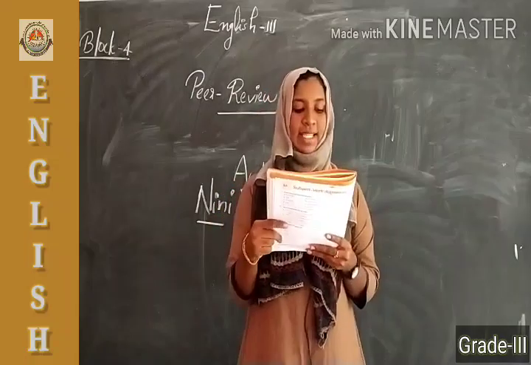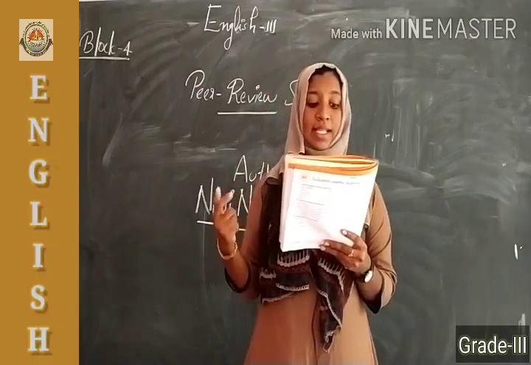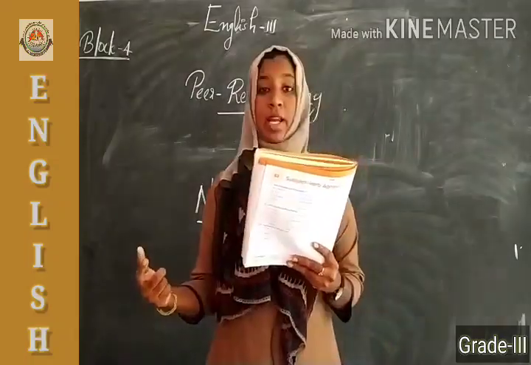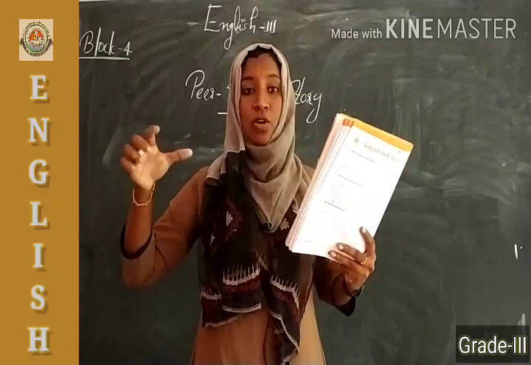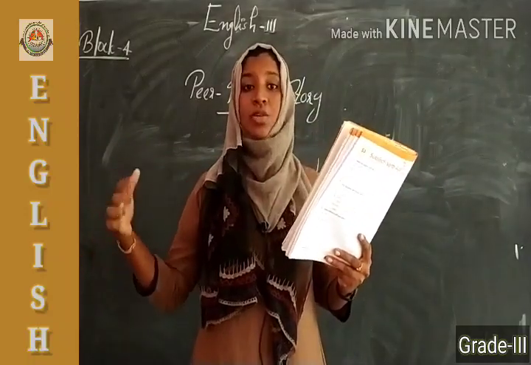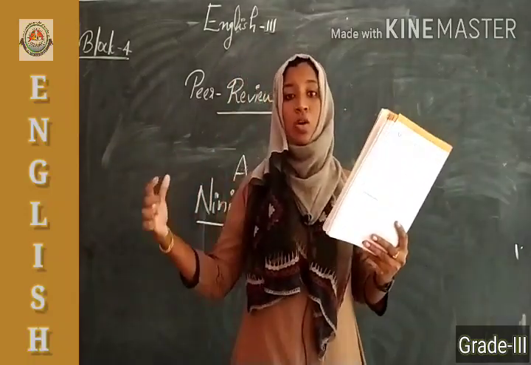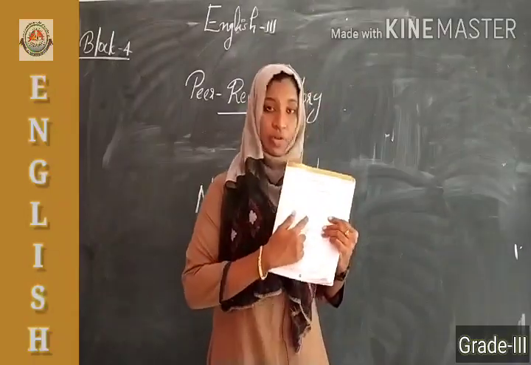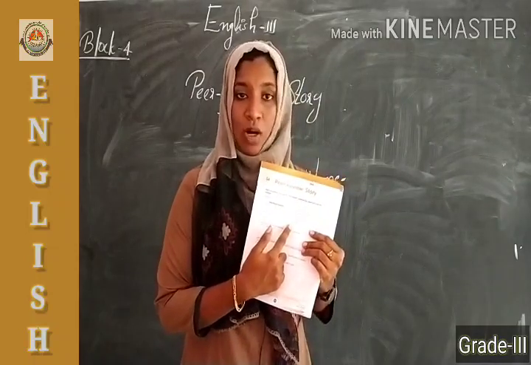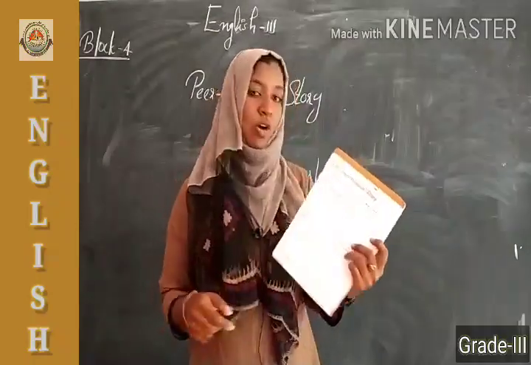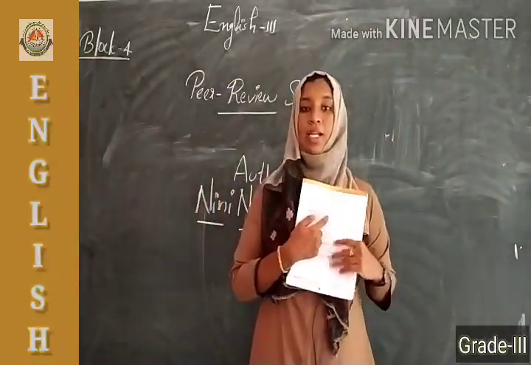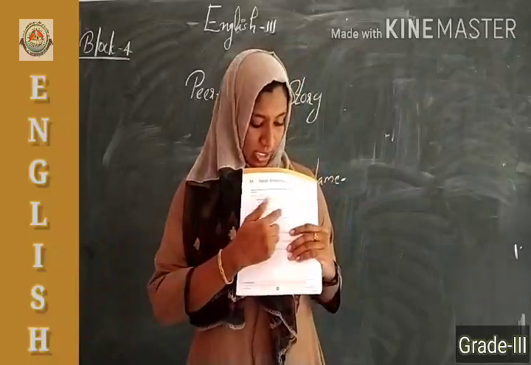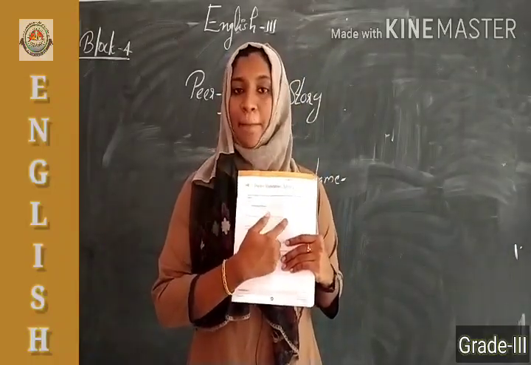Okay. Similarly, in the second column, you can see, does the character go somewhere? First go through your story and make sure that your character goes somewhere. And if your character goes somewhere, you can mark yes in this column. And in the second column, please mark where the character goes. Here, please write the place.